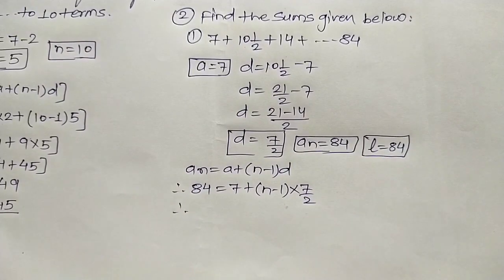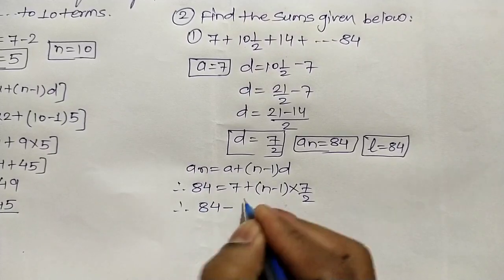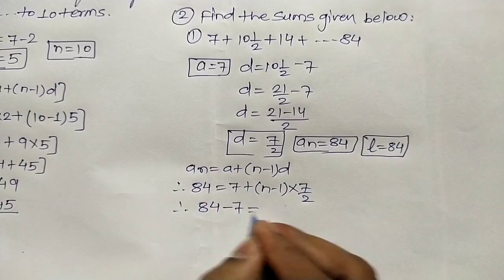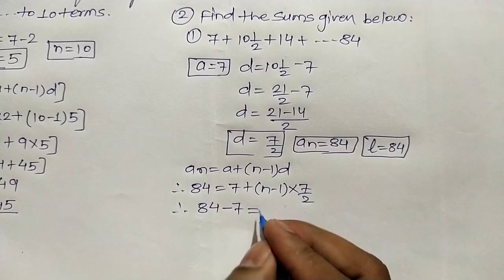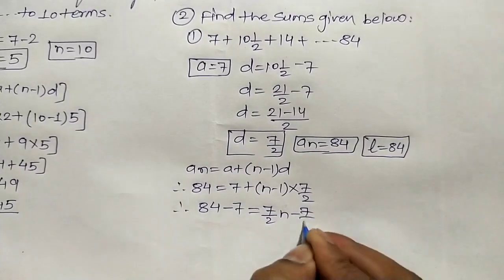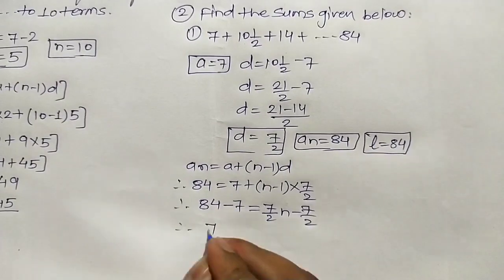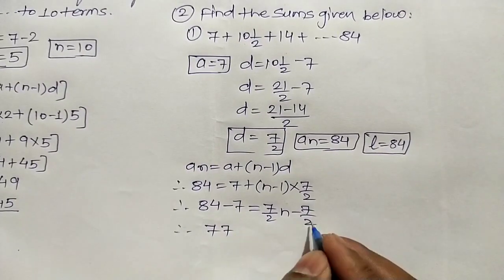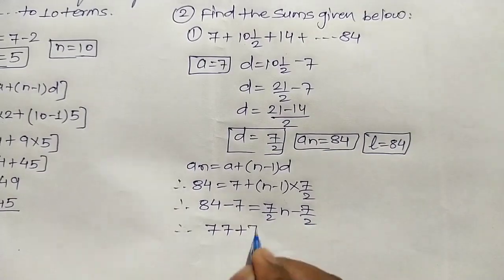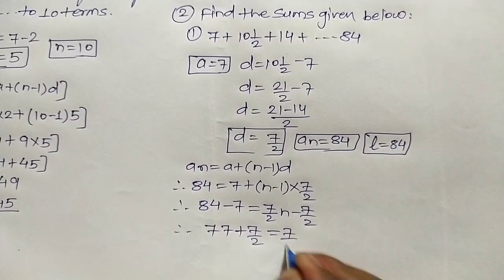Then we get 84 minus 7, shifting the 7 from the left side so the sign changes, equal to 7 by 2 into (n minus 1), which is 7 by 2 into n minus 7 by 2. Solve the equation. 84 minus 7, we get 77. Shifting 7 by 2 to the left side, the value becomes plus 7 by 2.